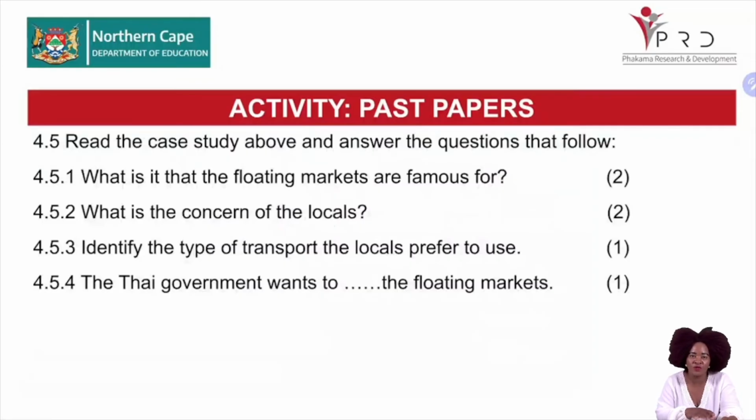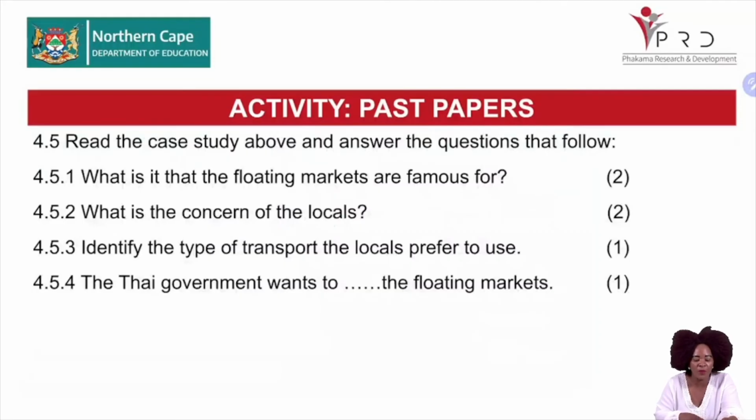So I want you to write the questions as I'm reading them, grade 12 learners, because I will go back to the case study so that you read it again and answer the question. So what is going to be on your screen is the case study. For now, please quickly jot down the questions and also the mark allocation, and then we'll go back to the case study so that you can answer based on it.